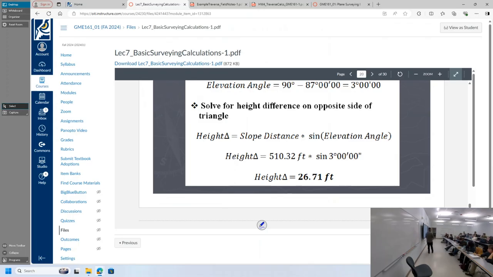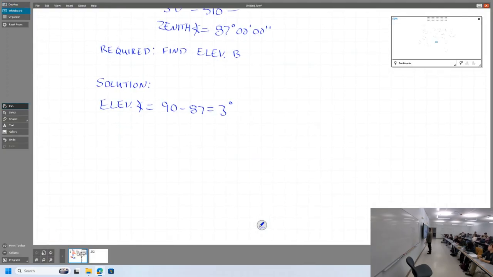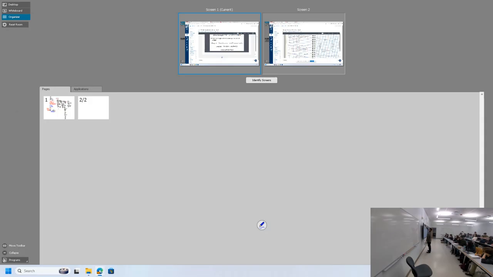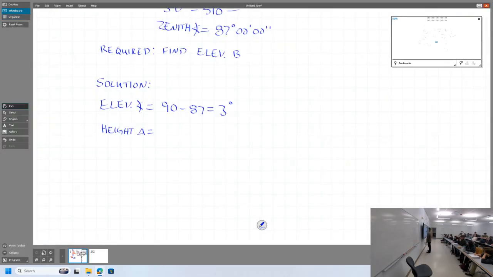What was the horizontal distance formula again? I gave it to you guys. It's close. It's just cosine, that's all it is. So again, we need to know the height delta of the rod, which is equal to the slope distance times the sine of our elevation angle.